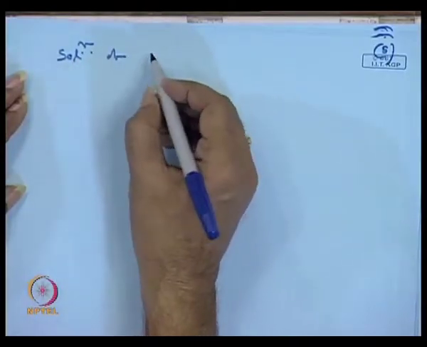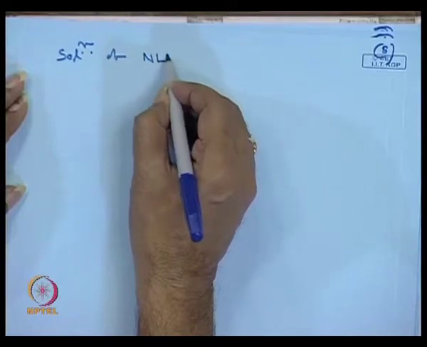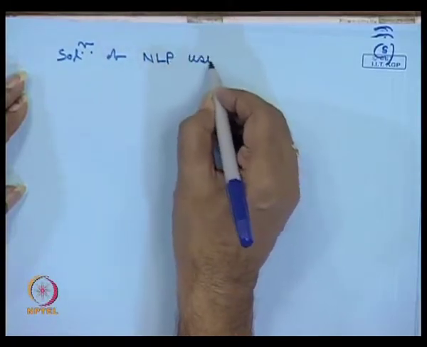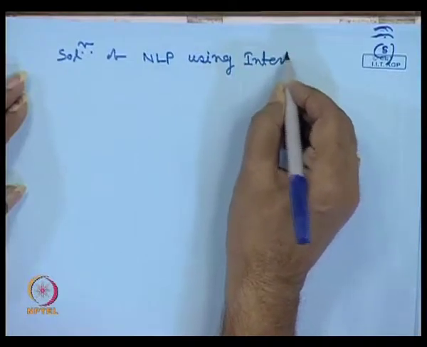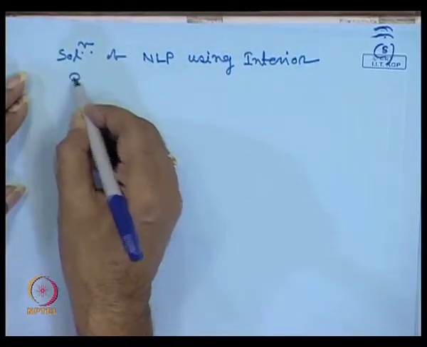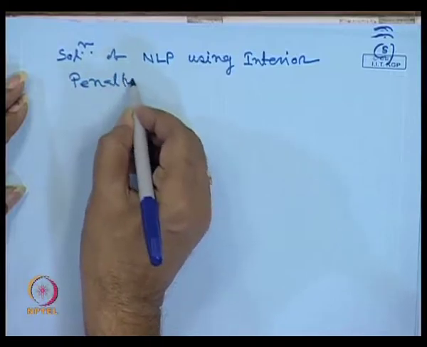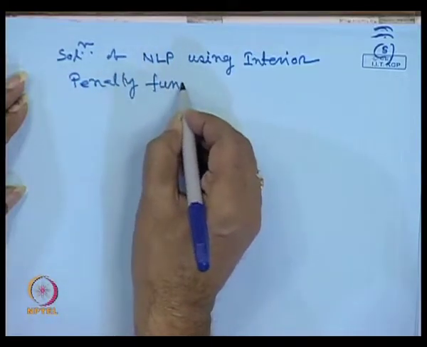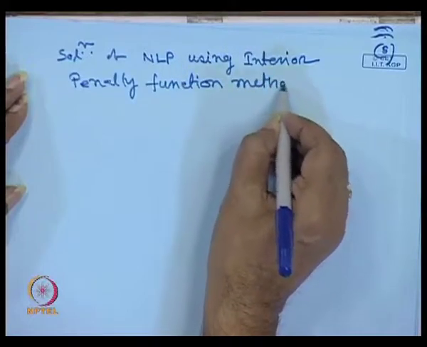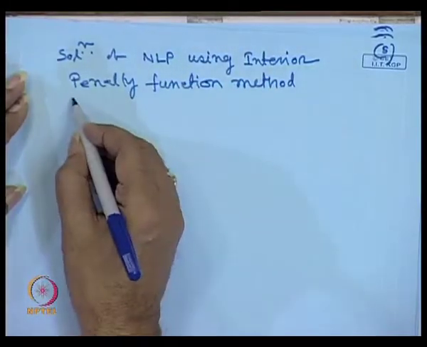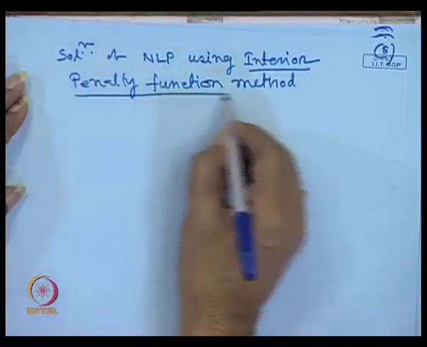Corresponding to this problem, construct the following interior penalty function, or interior barrier function.